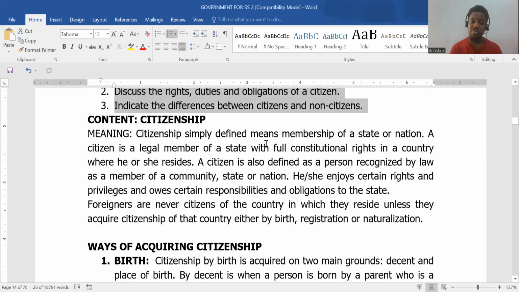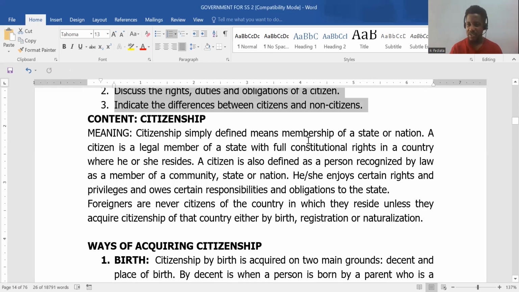So citizenship simply means membership of a state, a legal member of a sovereign state or nation. Legal member, legitimate member, right? And when you're a legal member, you have your full constitutional rights as a member of that state.